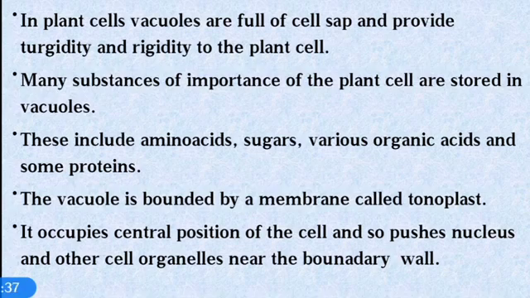The vacuoles are mainly called the storage sacs of the cell. So they store amino acids, sugars, various organic acids and some proteins. In single-celled organisms like amoeba, the food vacuole contains the food items that the amoeba has consumed.